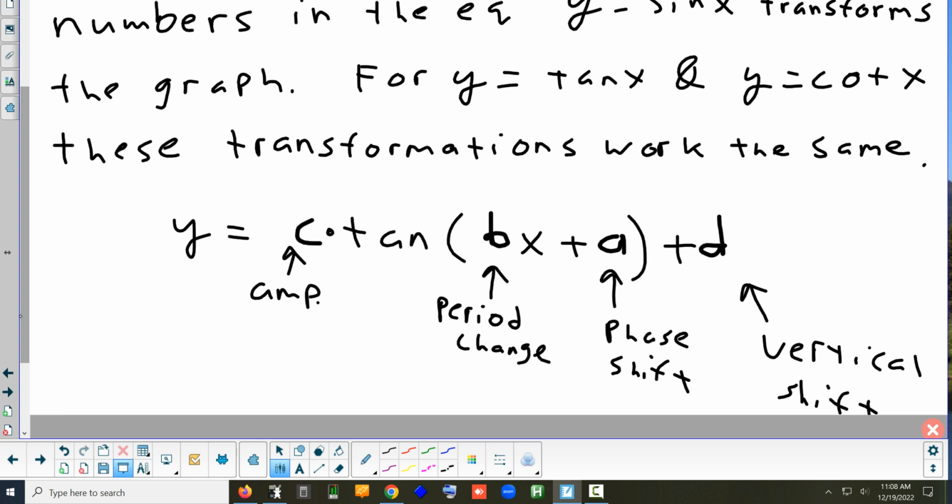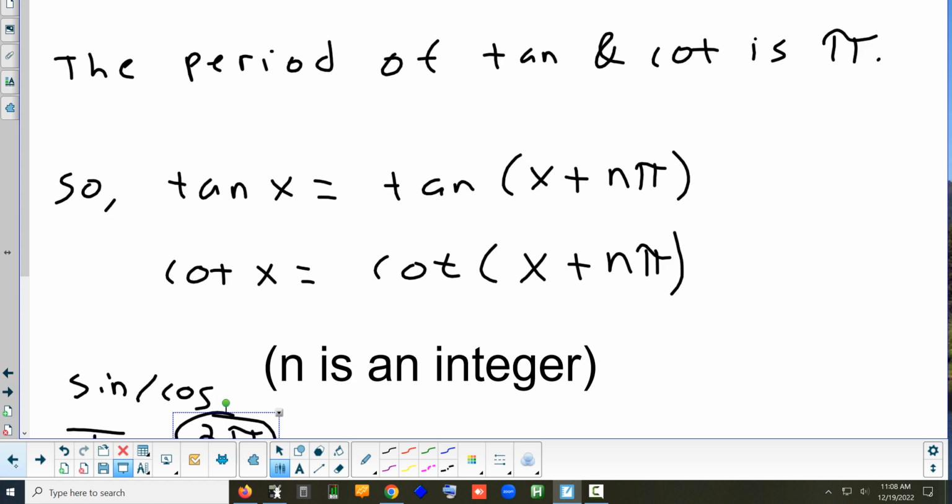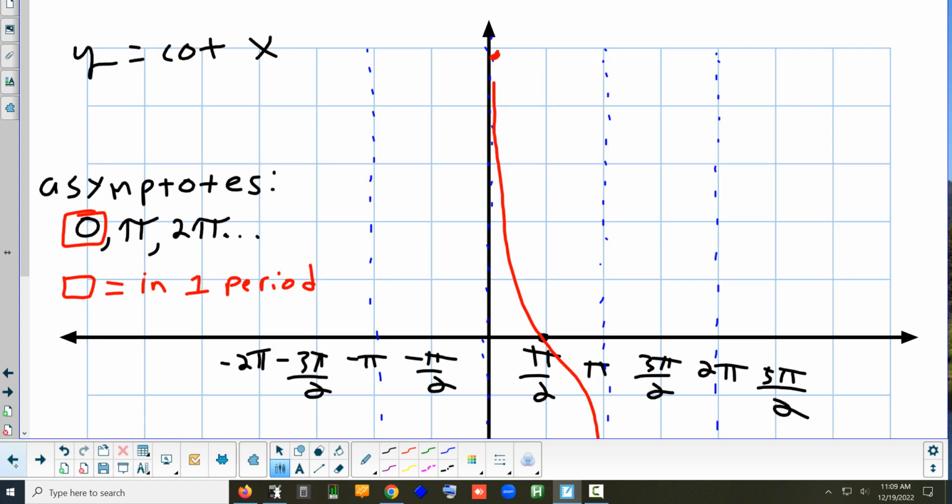What does C do? That's your vertical stretch. I don't want to call it amplitude because amplitude is usually a defined point where the graph stops and you can measure a distance. The graphs of tangent and cotangent don't stop.